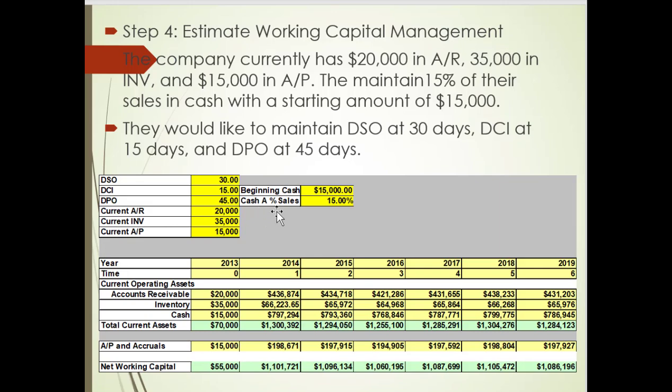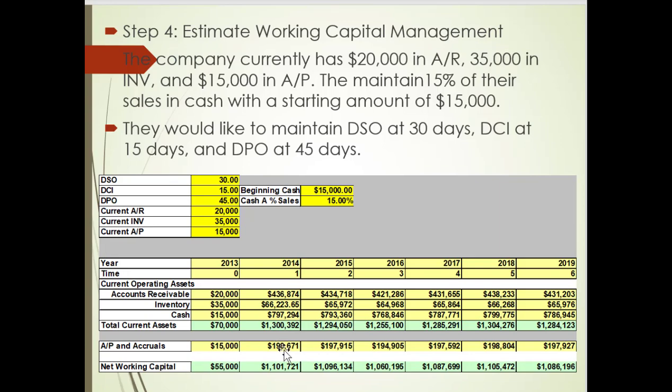So the cash as a percentage of sales, we want to keep that around 15%. So that's something we're going to plug in here, that's exactly what we want as far as the amount of cash on hand. And again, these are all calculated over time.